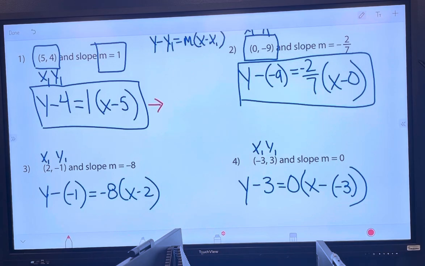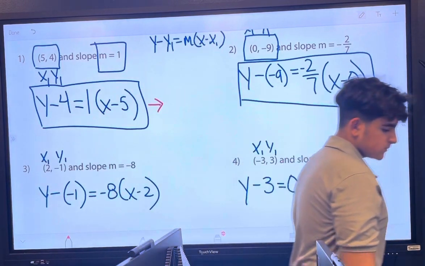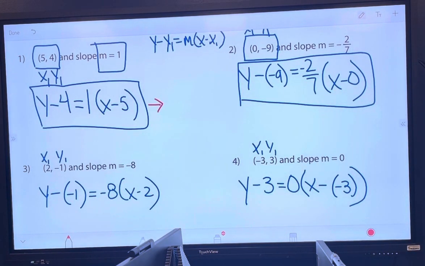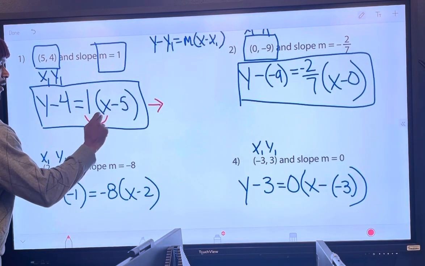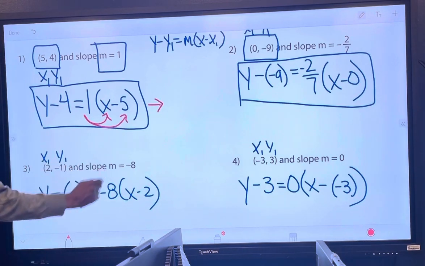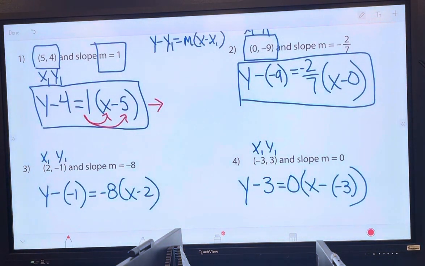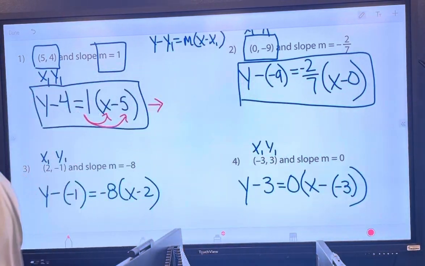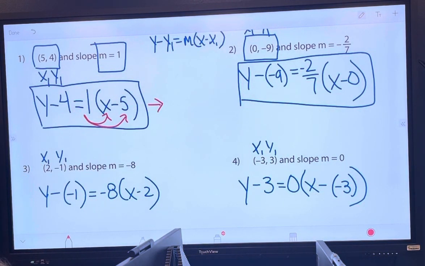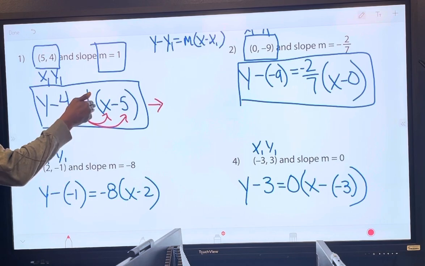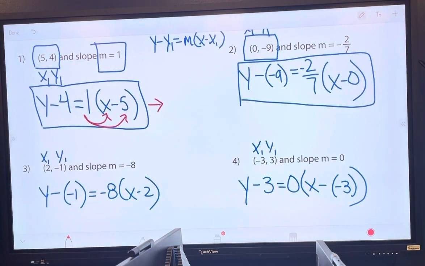You might want to catch this. First thing we said we were supposed to do was what? We're supposed to distribute. Take that 1 from your answer, the 1 that you put there, and distribute it twice.